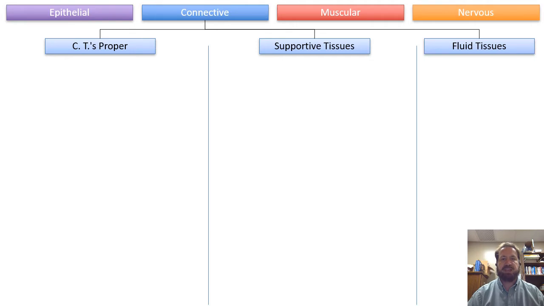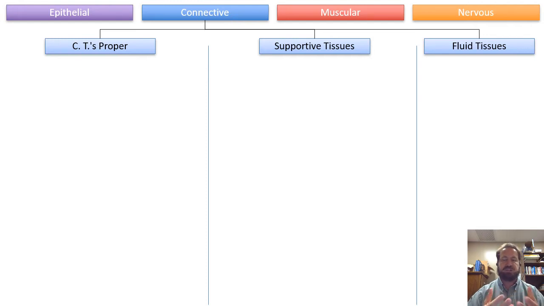Connective tissues can be categorized into connective tissue proper, which is the tissue that most properly fits the definition of a connective tissue. They might physically connect two things, like a ligament connects two bones, or they might just fill in space between two other tissues.